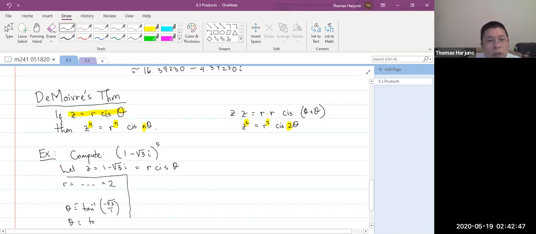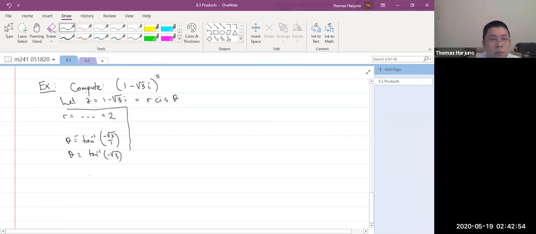So that's tangent inverse of negative radical 3, which is equivalent to negative 60 degrees. You can also use 300 degrees, either one, because we know theta is in quadrant 4.